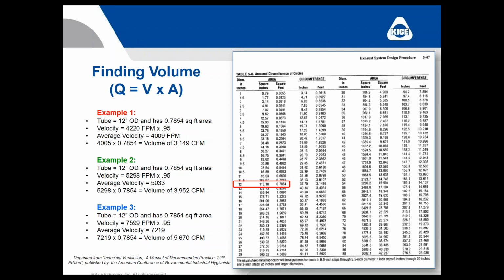Example 3, I think I have this one right. 12-inch tube, 0.7854 square feet, my velocity of 7,599 times my average correction. My average velocity is 7,219. I use that 7,219 times my area, gives me a volume of 5,670. So again, I apologize. My examples 1 and 2 both have some math errors. Example 3 has the right numbers involved.